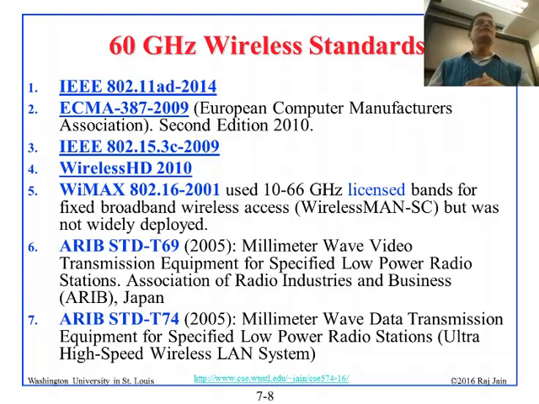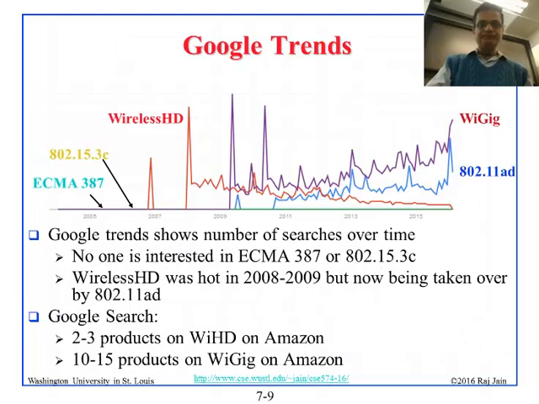This year when I did the search on Amazon, there is only one product that showed up as wireless HD. Everything else is 11ad. Okay, so wireless HD is on its way out, and I'm presenting it in this class simply because there are some concepts which I think are interesting that will be helpful when we talk about other protocols such as LTE. So I'm going to take those aspects of wireless HD.